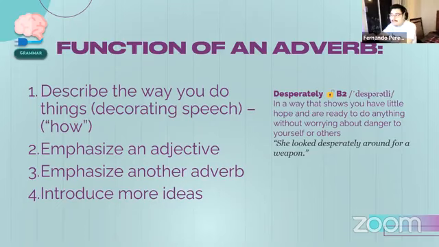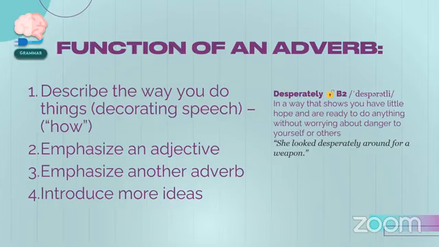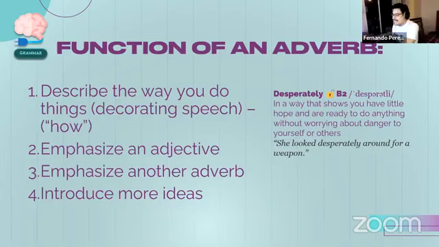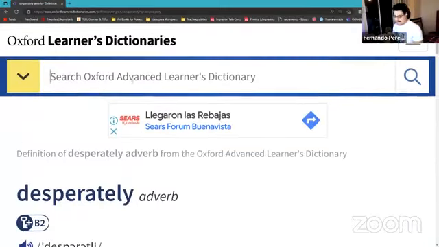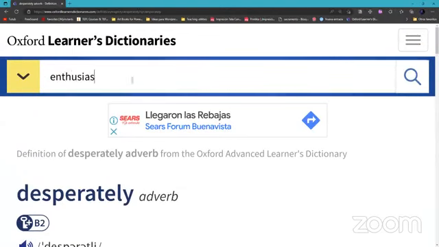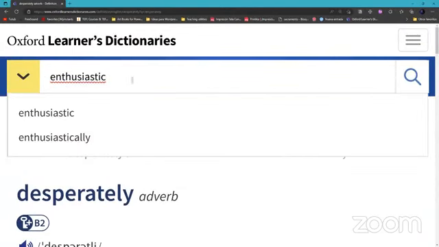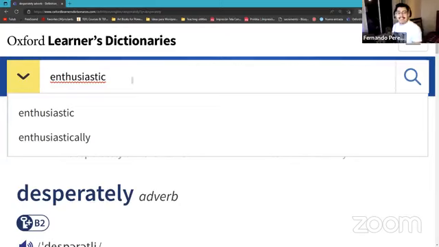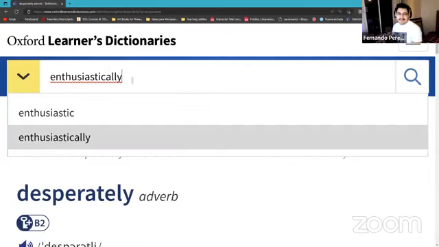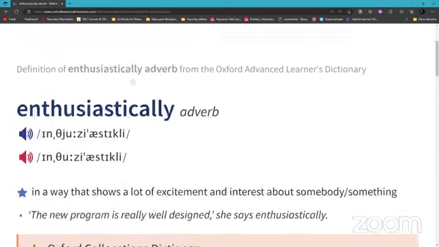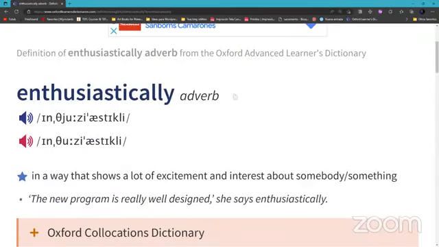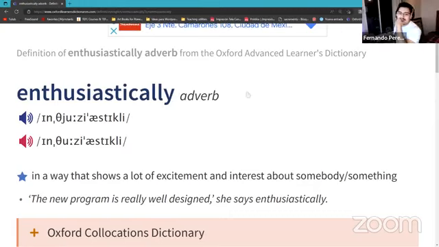Okay, enthusiastically. Because the description is enthusiastic. Enthusiastically, we need another syllable. Another good example. Okay.